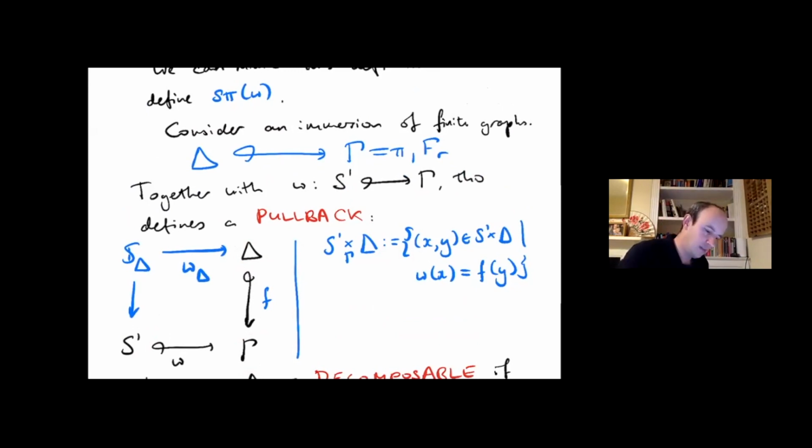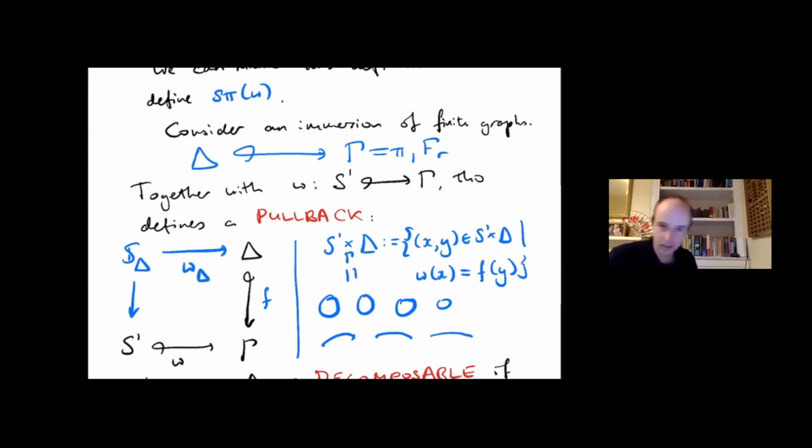And in this case, because it comes with a map to S^1, let me mention it comes with maps to S^1 and maps to delta, given just by projecting onto a factor. And if you think hard enough about the map to S^1, you can convince yourself that what it looks like is a union of circles. In general, there'll be some circles and some intervals.